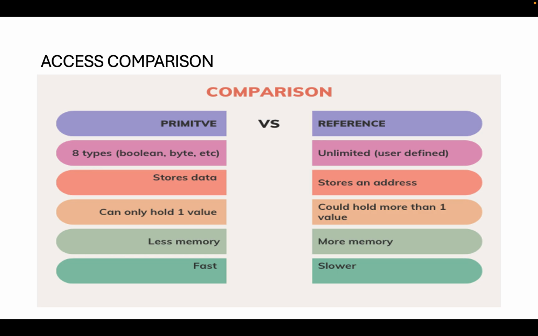All these are more than one value in that array, so it's a reference data type. Since primitives hold only one value, they tend to use less memory, so they are very fast. But because reference types hold more than one value, they tend to use more computer memory, and so they are slow.